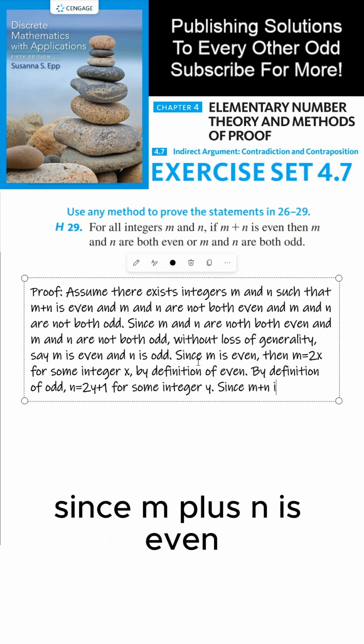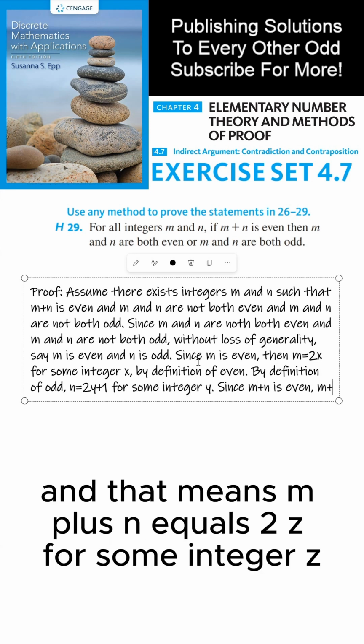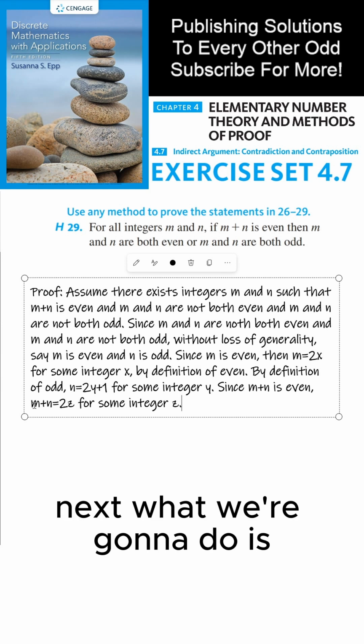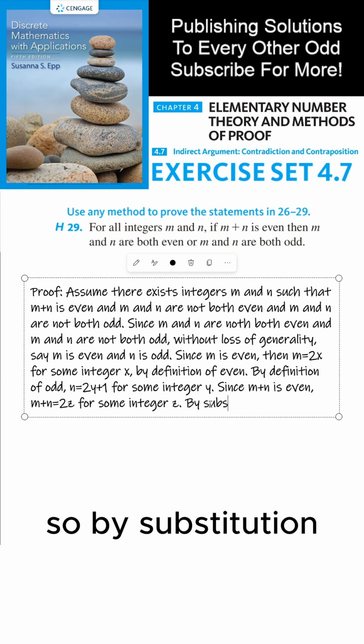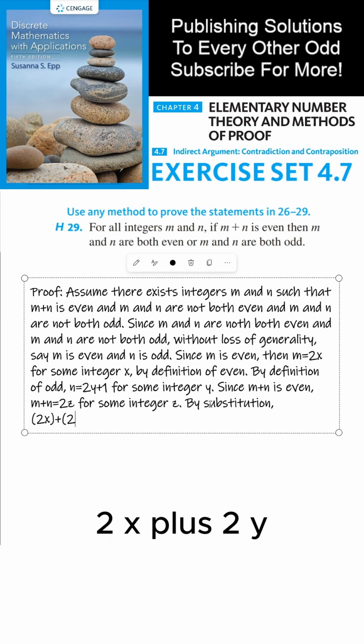Since m plus n is even, then that means m plus n equals 2z for some integer z. Next, what we're going to do is substitute m and n with 2x and 2y plus 1 respectively. So by substitution, 2x plus 2y plus 1 equals 2z.